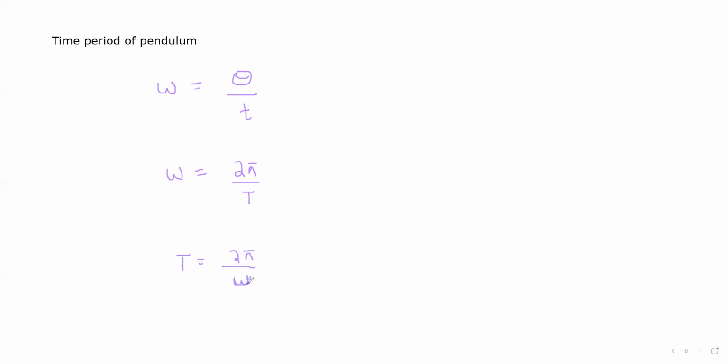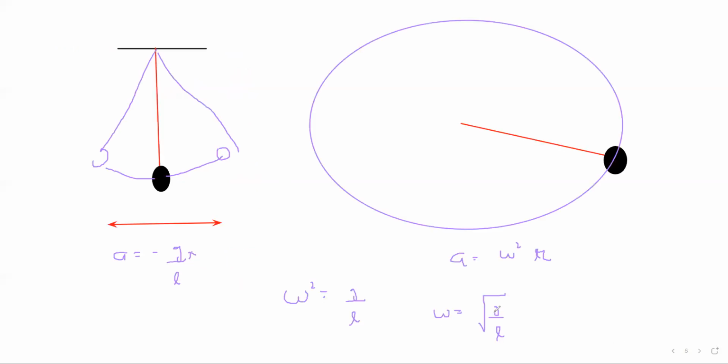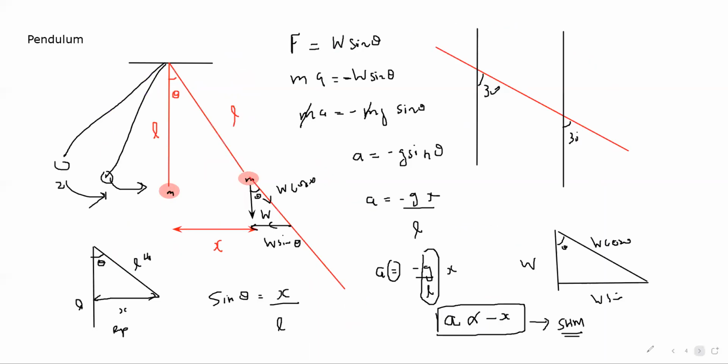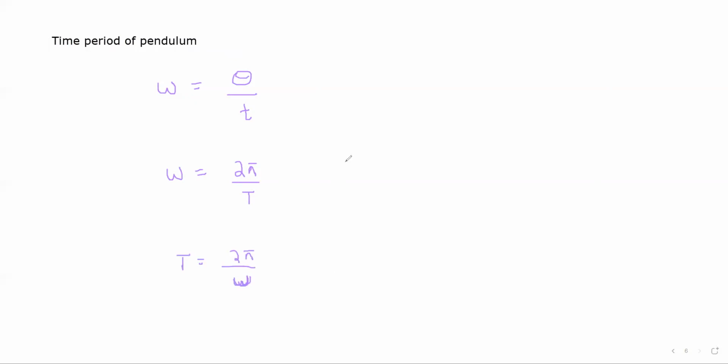And what is omega here for a pendulum? We know omega is under root g divided by L. So in place of omega, I can substitute the value, which is under root g divided by L. And if I move it into the numerator, T is equal to 2 pi under root L divided by g.